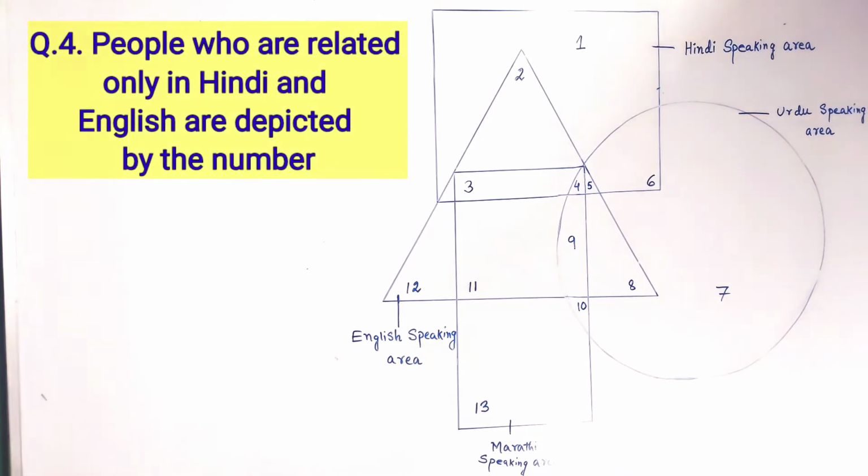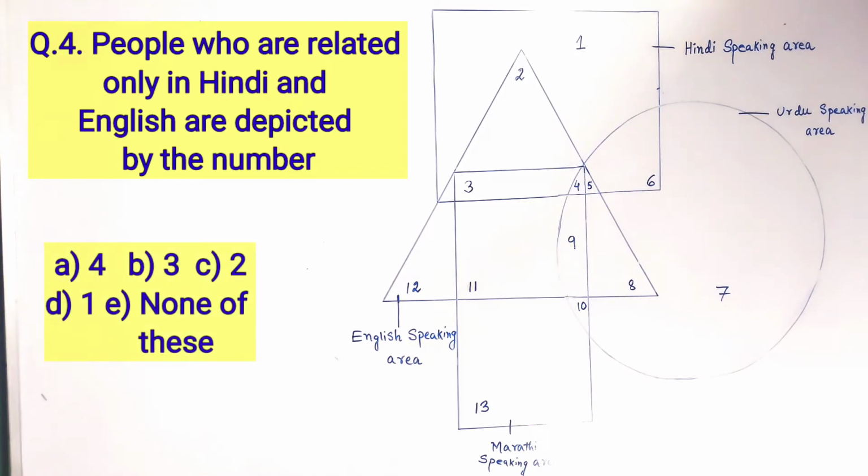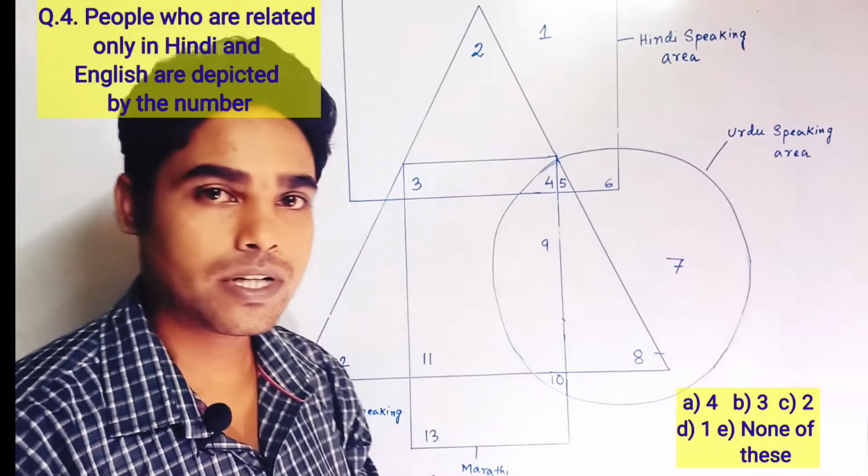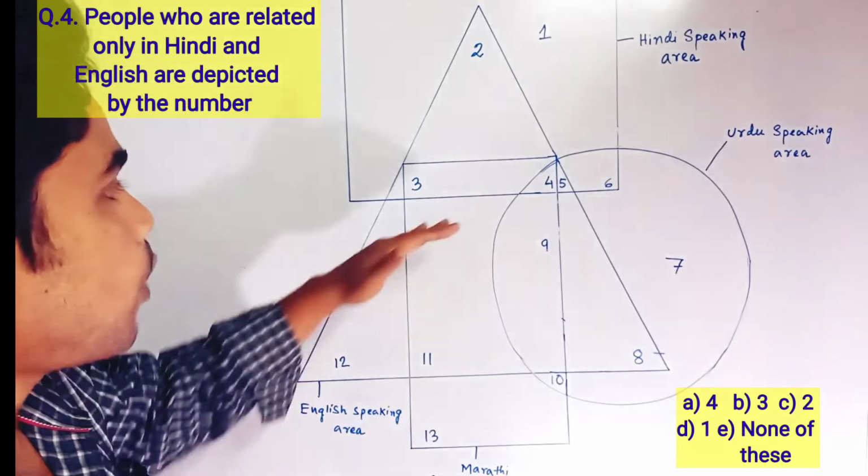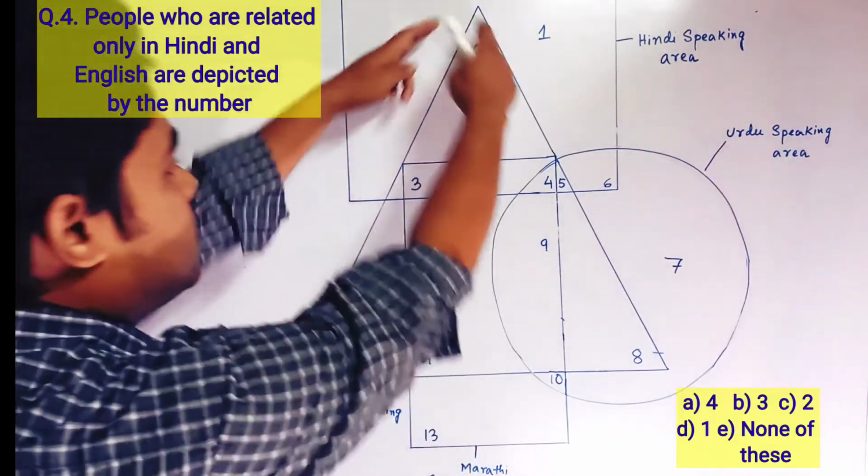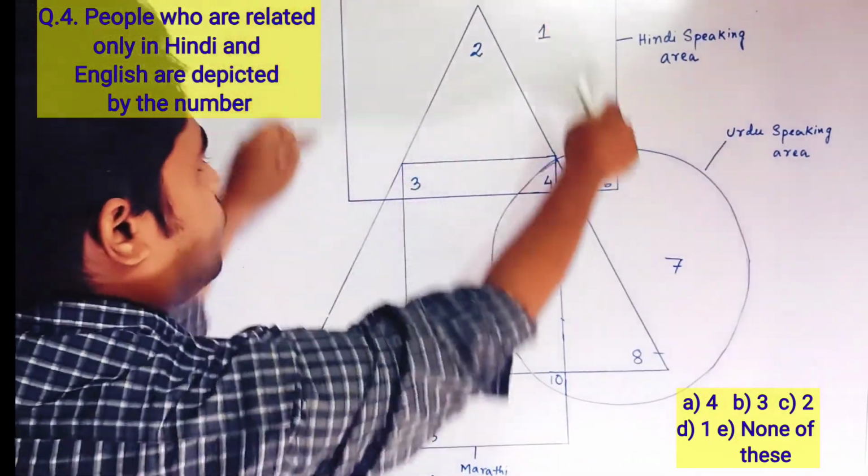Question number 4. People who are related only in Hindi and English are depicted by the number. Options are A 4, B 3, C 2, D 1, E none of these. So to solve this question we have to first find the common numbers between this triangle and the square.